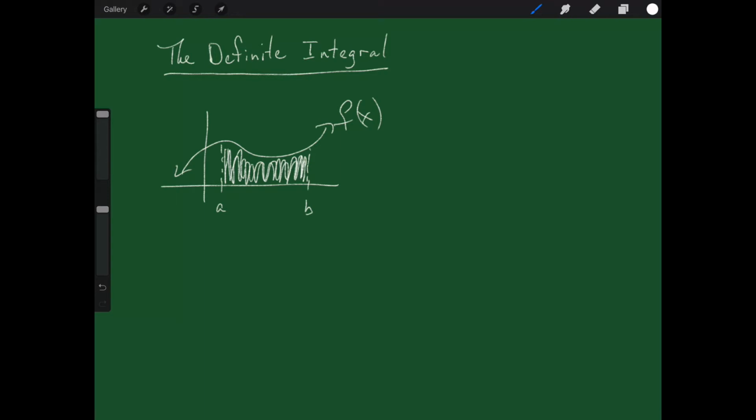And I've got to admit that this is one of the questions that really got me excited about mathematics and excited about calculus when I was a student, because my first reaction to this problem was, well, that can't be done. You can't find that area. It's curved on top. Like, the curviness makes it impossible.